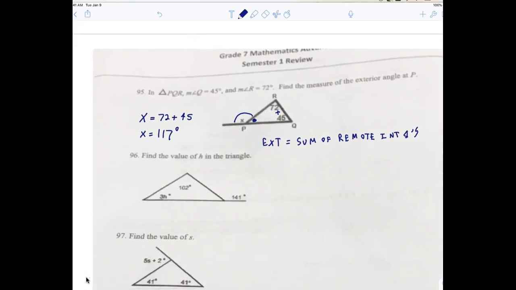Okay, now number 96. I'm waiting. Tell me how you're going to write that equation now. 3h plus 102 equals 141. Yes, I'm very happy with it.